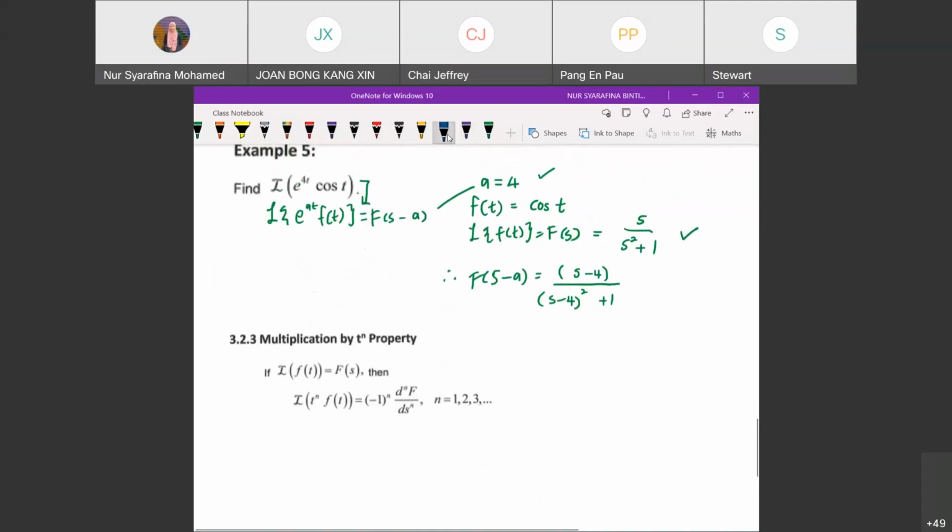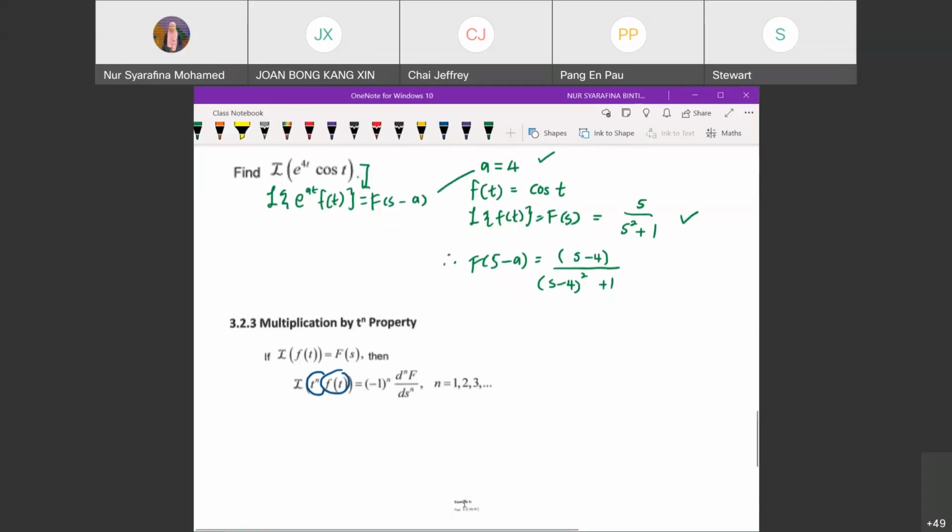So now in multiplication by t to the power of n, we have f(t) multiplied with t to the power of n. So let's try another example here, example 6, and do it while understanding the concept.